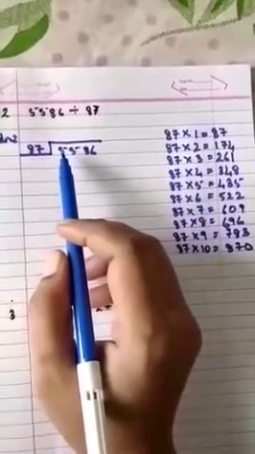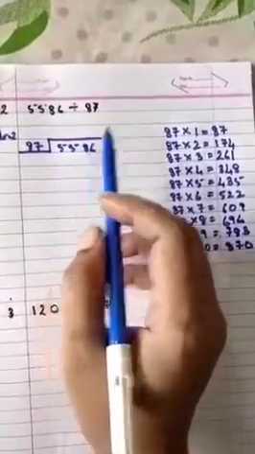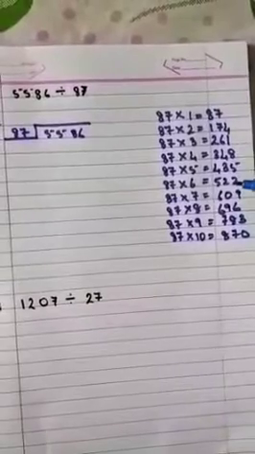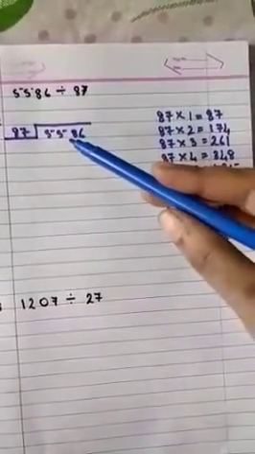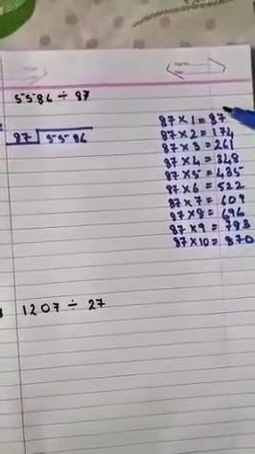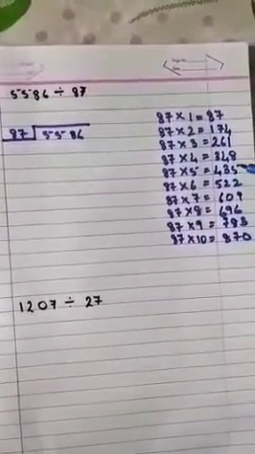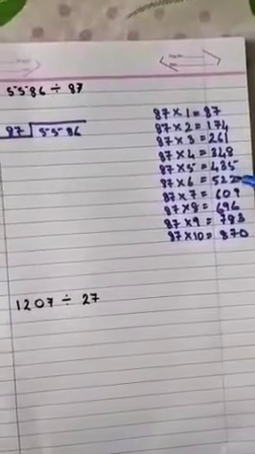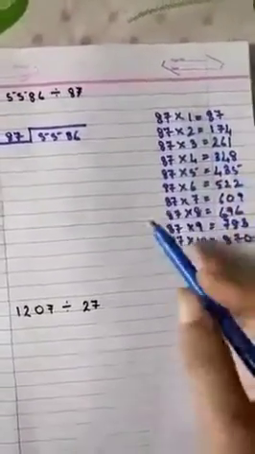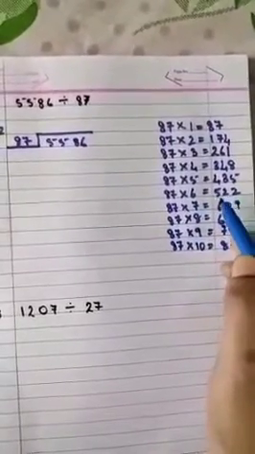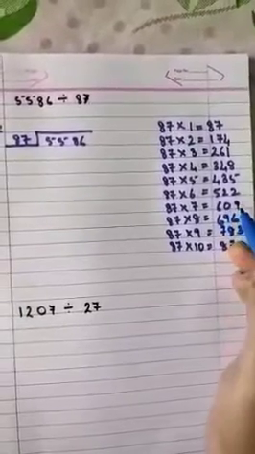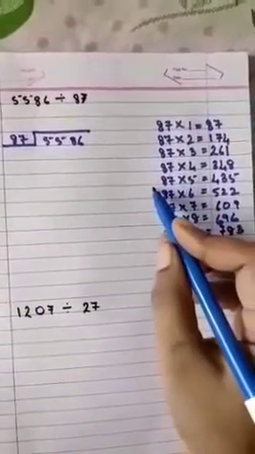So it will become 558. Do we have 558 here? No, so that number is not there. So we will take the number smaller than 558, which is 522. As we get the sixth, 609 is bigger, so we will take this.